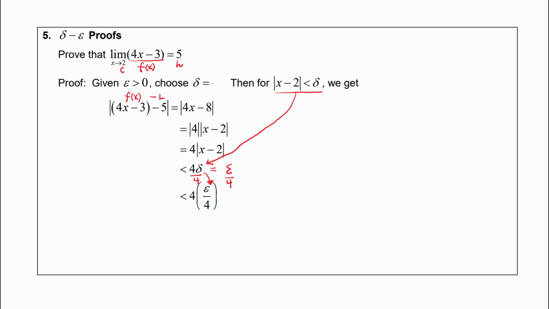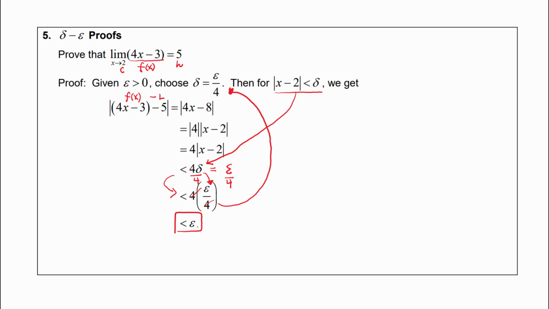So then you go back to the beginning of this proof and plug in what the delta has to be, like you knew from the beginning. This way you save a whole step of doing it all over again. So you now write what the delta has to be, and then we say, therefore, at this step, the 4 cancels, and that would give me less than epsilon.